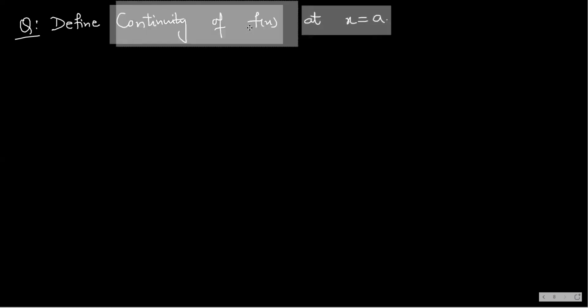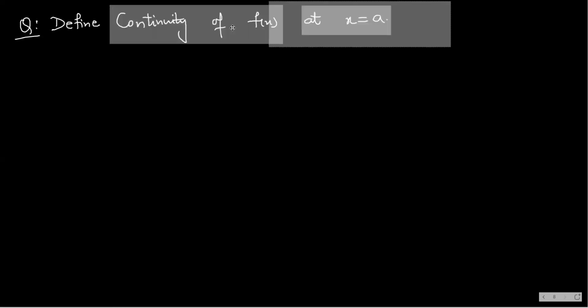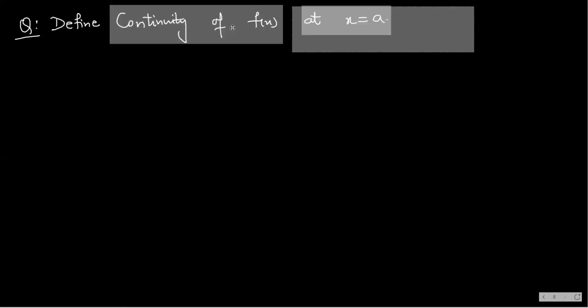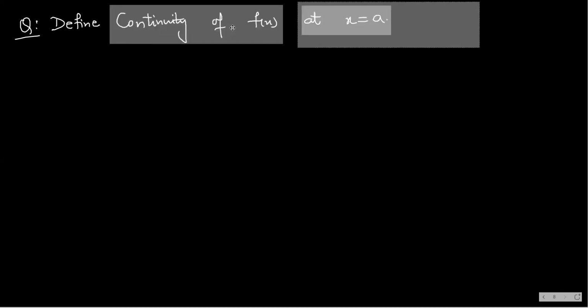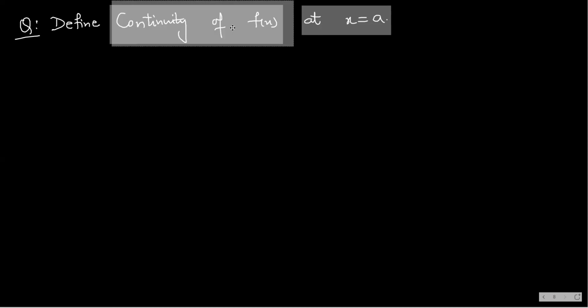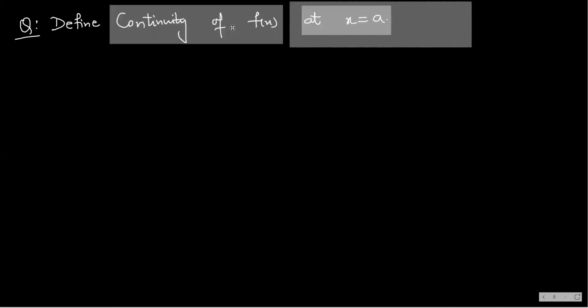What does that mean? It means we want to examine if the function is continuous at this point, or the function f of x has a break at this point, or is having a jump at this point. Whether it's a smooth curve at that point, or it has a break or a jump.